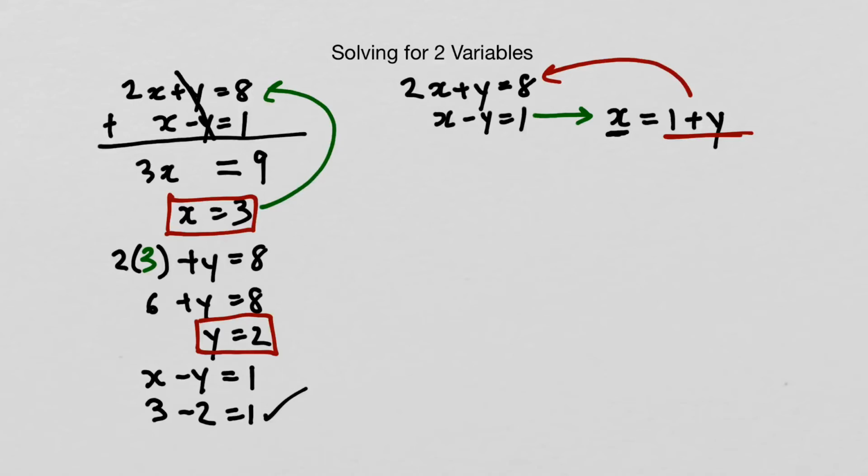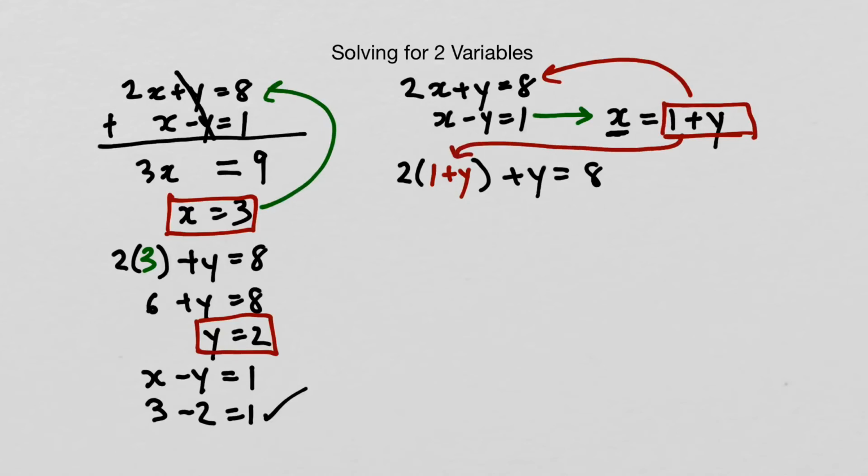So it's going to look like this: 2 times, instead of writing x, we're going to write what x is equal to, which is 1 plus y, plus y is equal to 8. So all we did was we substituted this value right here and threw it in here, substituting that expression for x.